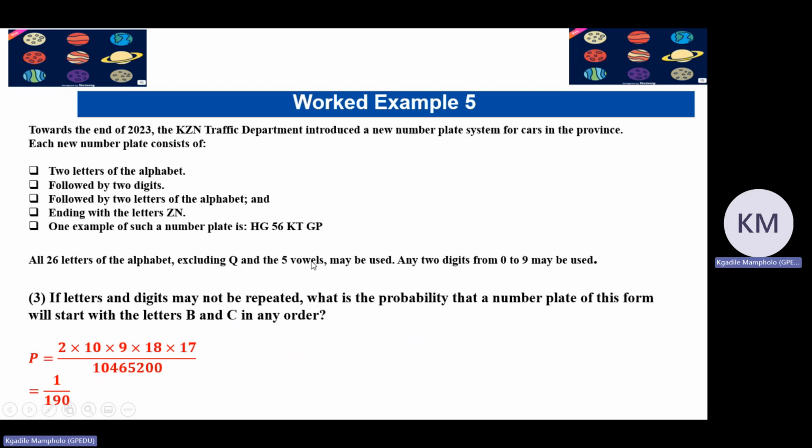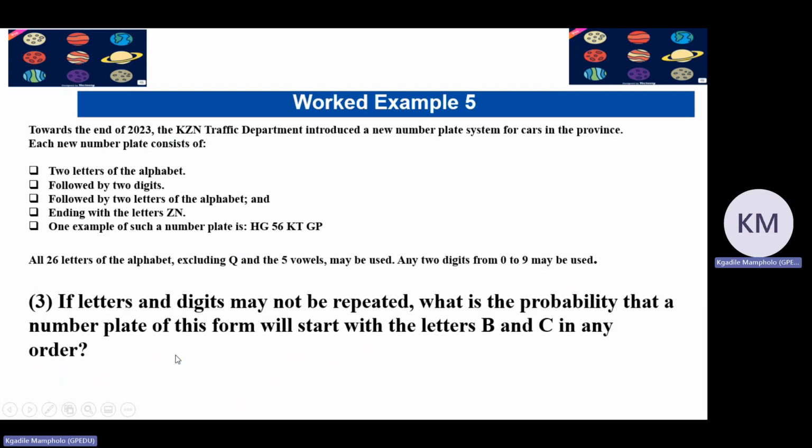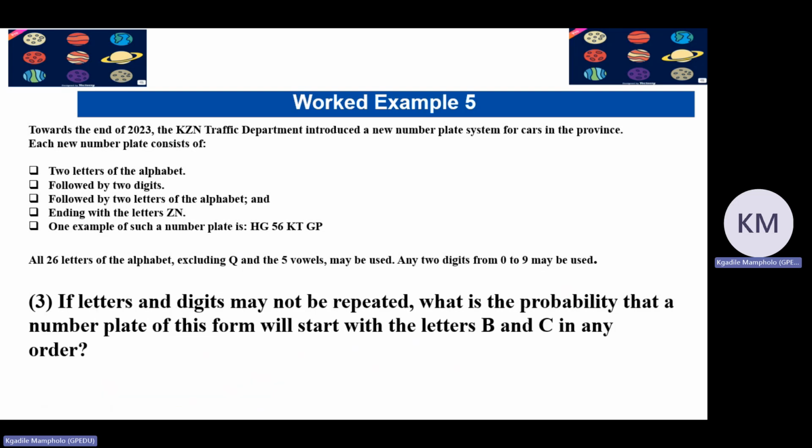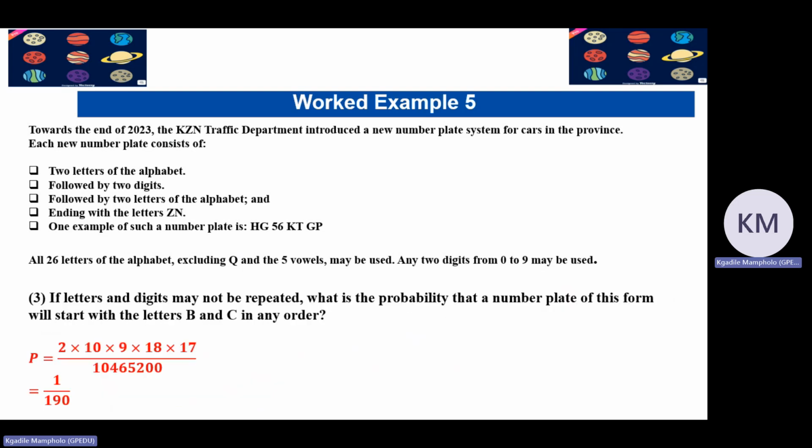But remember, ZN is fixed. Then you divide it by the total. The total, we calculated it here, when the digits and letters are not repeated, using all the letters and all the digits that the statement says you use. Then you divide it by the total. The answer will be 1 out of 19.